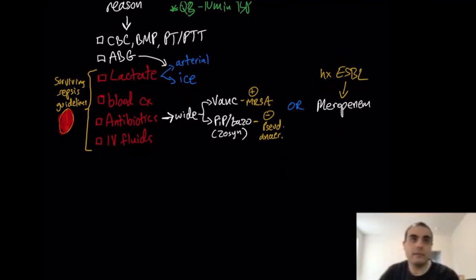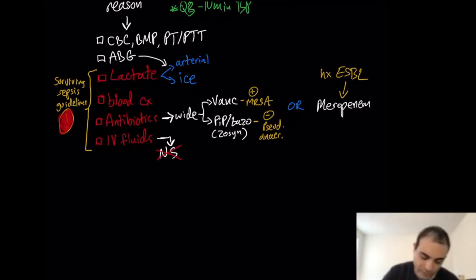What do you think? What kind of IV fluid are you going to give? Normal saline. Okay, so you can give normal saline, but I'll tell you what, when they did all the trials, even more recently, there are a lot of trials saying don't use NS.